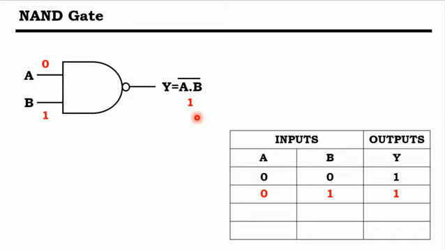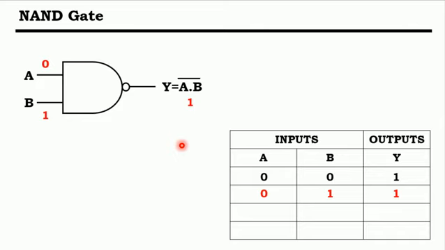You must remember the AND gate truth table, that is 0 0 0 and 1. The NAND process is the reverse: three outputs are 1 and one output is 0. That will be our truth table.